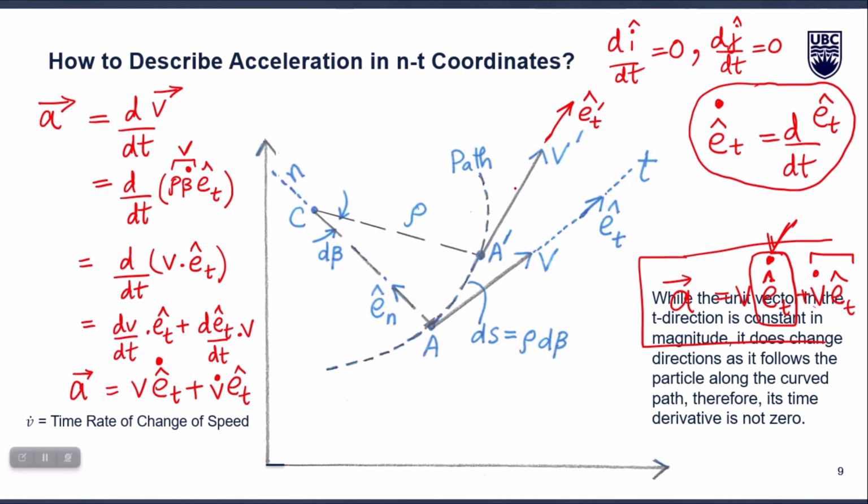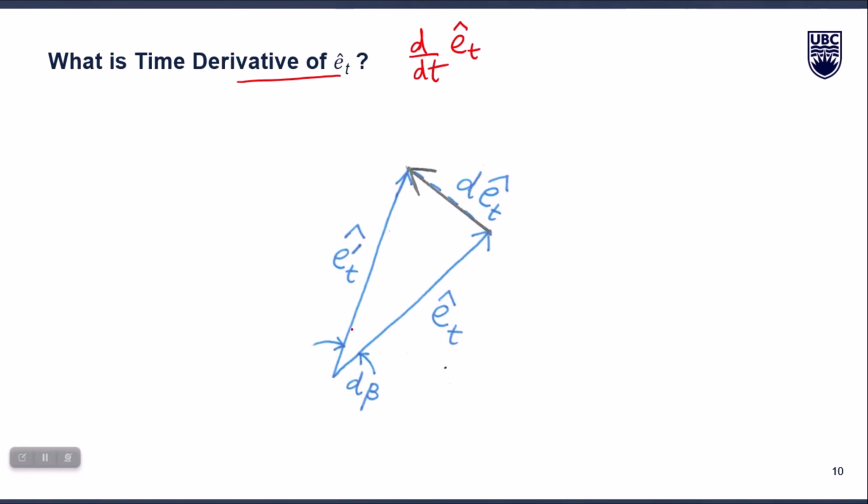The unit vector in the tangent direction when the particle was at point A is denoted by E sub t, but the unit vector in the tangent direction when the particle was at A prime was E sub t prime. So I started E sub t and E sub t prime from the same origin or starting point, and this gives me this triangle.